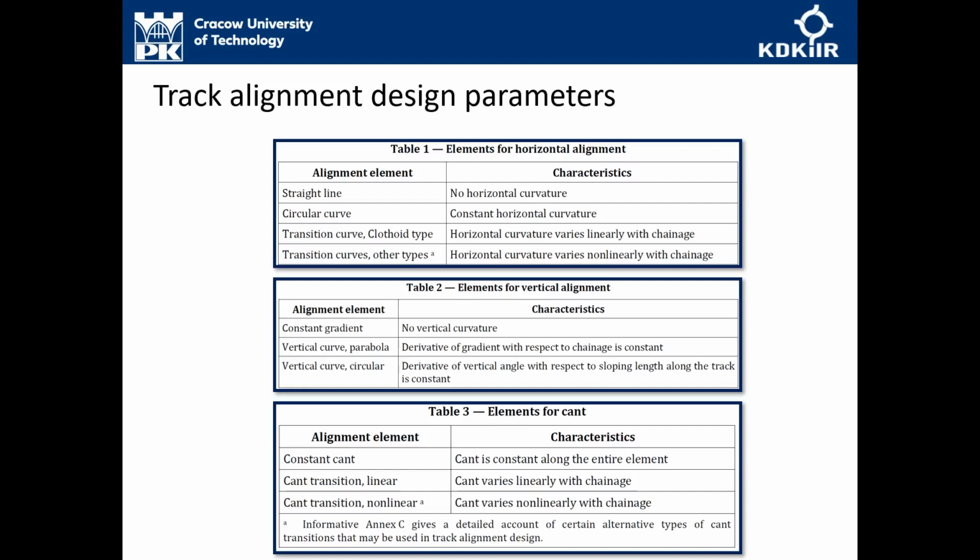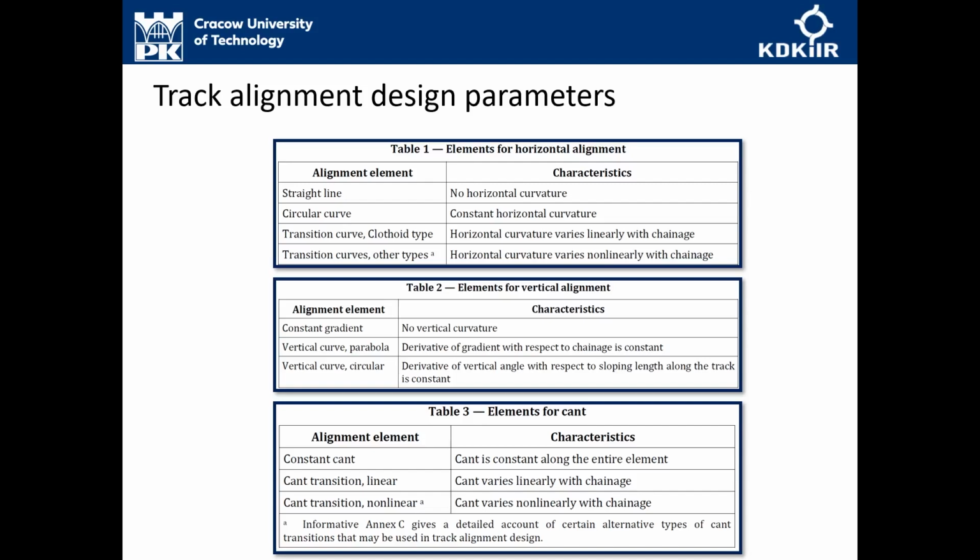Here we are talking about the straight sections, lines, circular curves, and transition curves, clothoid type and other types. These basic elements allow for the design of a railway road on the plane, in this video precisely the horizontal alignment.